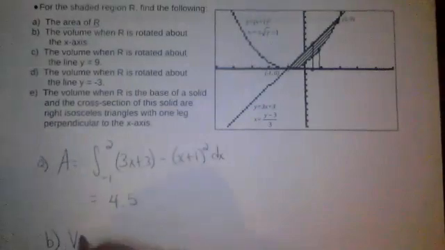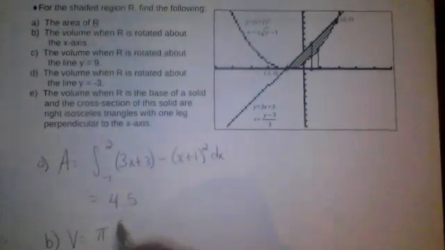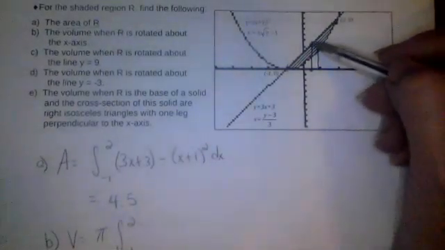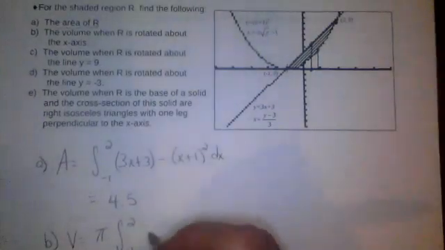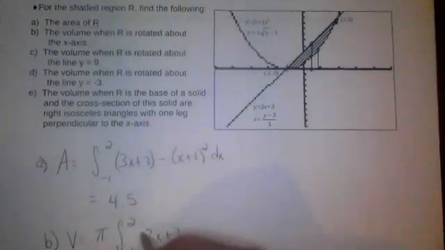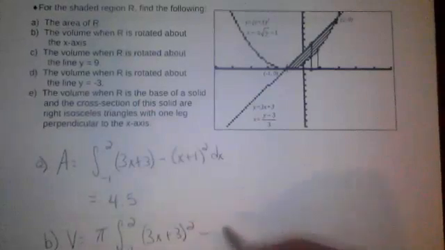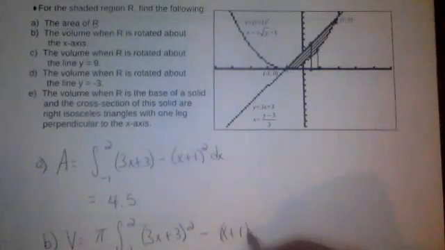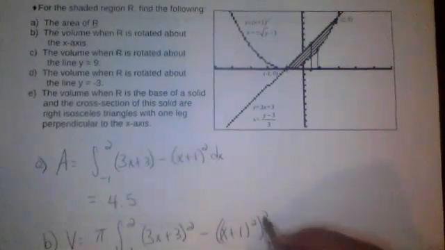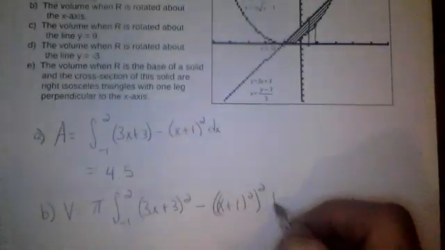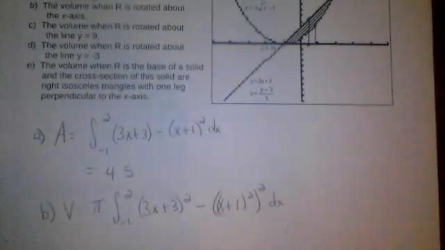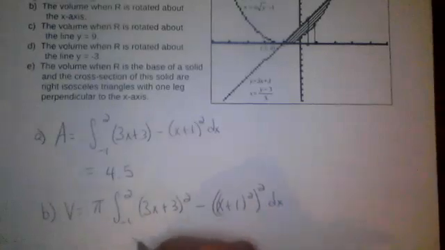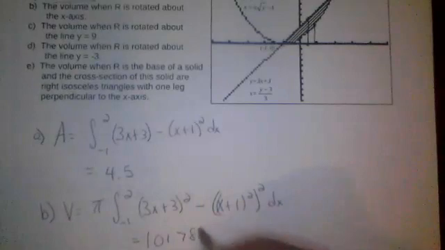So our volume is going to be pi, and this is a disk one, times the integral from -1 to 2 of our outer radius, which is the line minus 0, or 3x plus 3 minus 0 squared, minus our curve minus 0, or our parabola minus 0 squared. All right, and so that one ends up being 101.788.